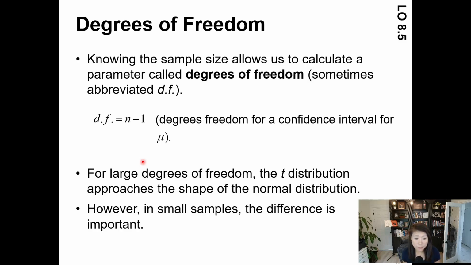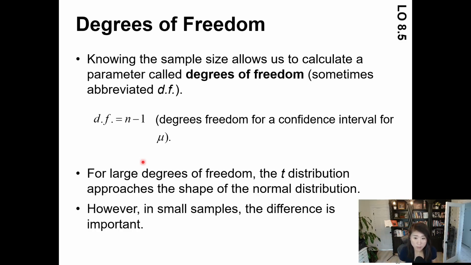For a large degree of freedom, the t distribution approaches the shape of the normal distribution. However, in a small sample, the difference is very important. Therefore, the degree of freedom here is equal to n minus 1. Why do we lose one degree of freedom? It is because we are using my sample data to calculate my s value, which is the sample standard deviation.